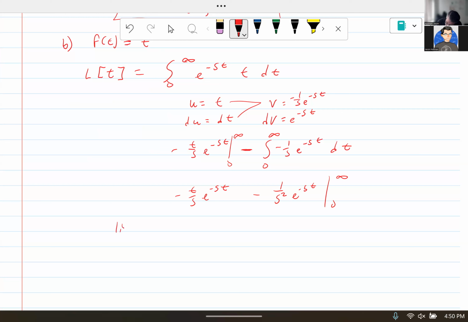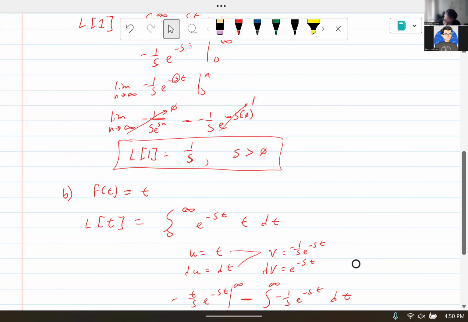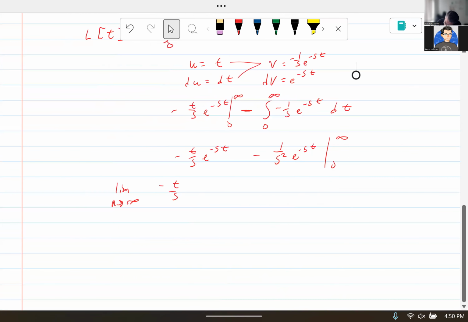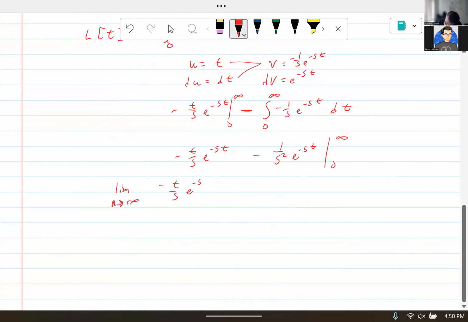Okay, so I'm going to take the limit as n goes to infinity of negative t over s e to the negative st minus 1 over s squared e to the negative st from 0 to n.